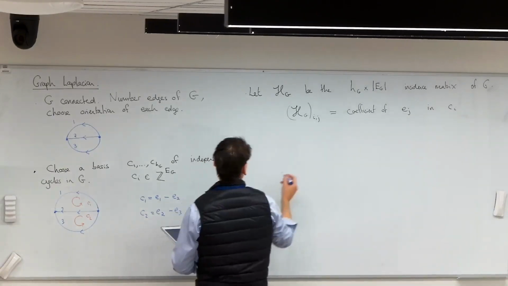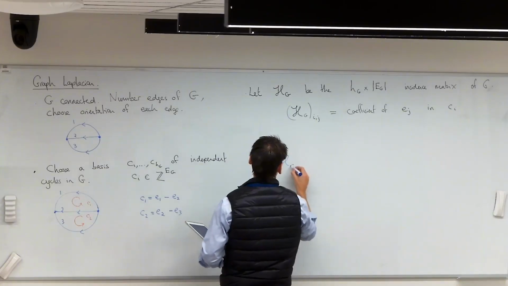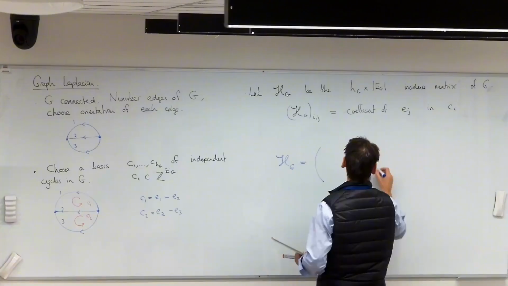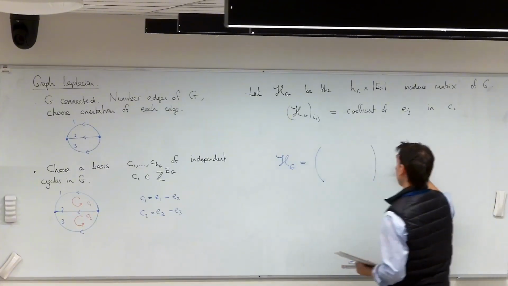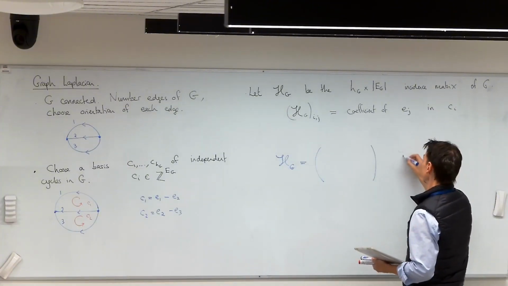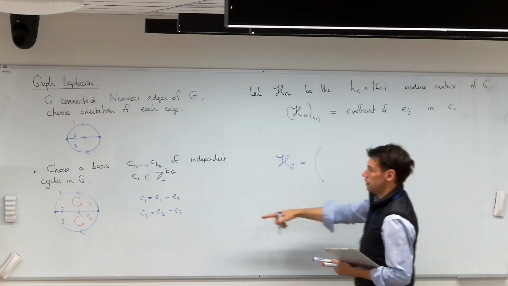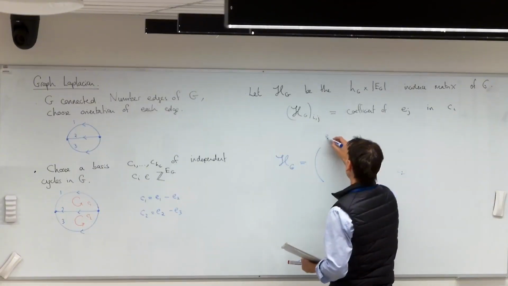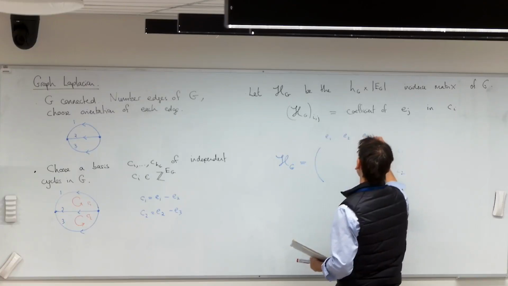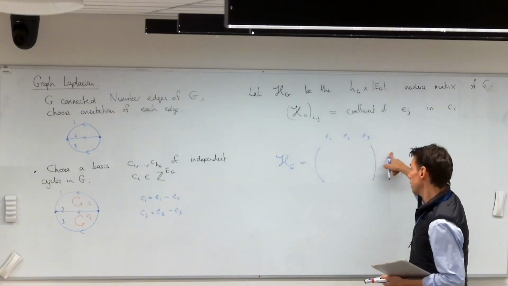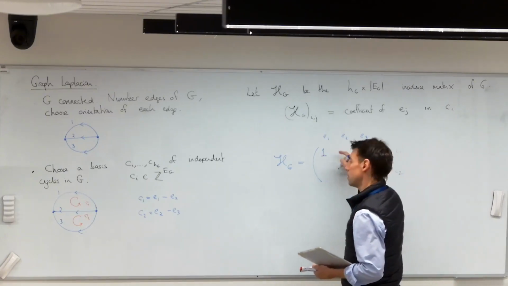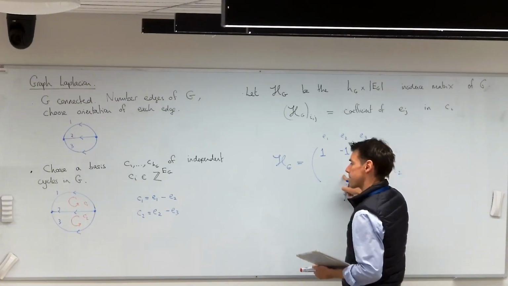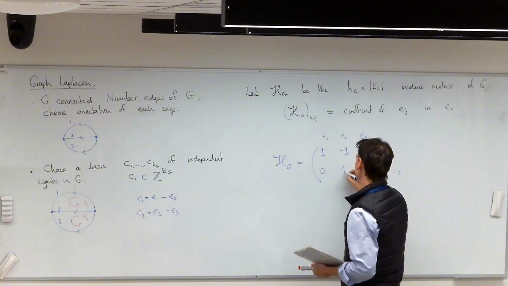So in our example, it's going to have 2 rows and 3 columns, so we can index the rows by each cycle, and we index the columns by each edge. And C1 is E1 minus E2, E3 vanishes. C2 is E2 minus E3.